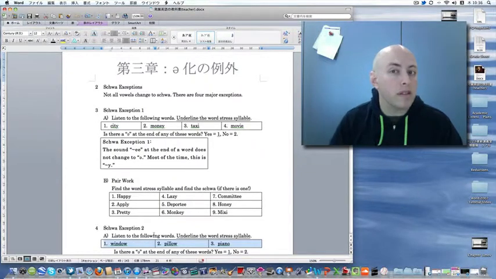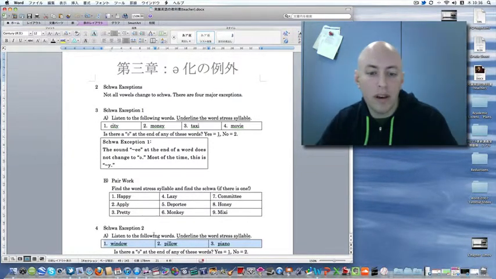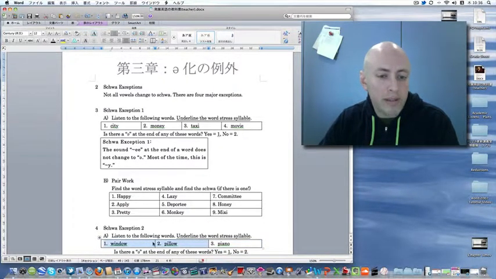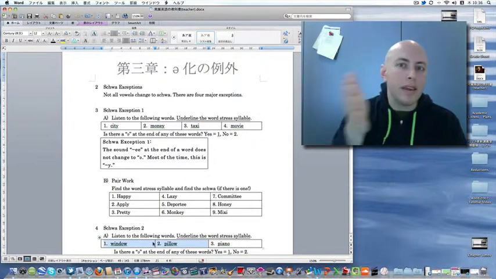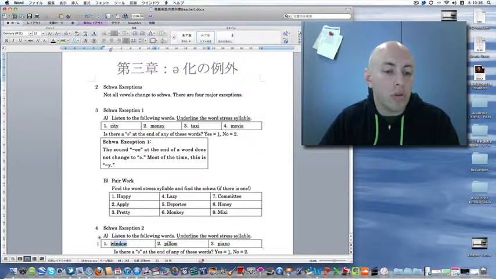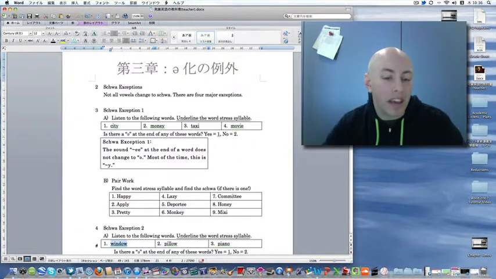The first 2 words have 2 syllables. The third word has 3 syllables. Let's do the first one. It's window. The stress is on the first syllable. And according to the rule I've taught you so far, this should be winda. But it's not. There's no schwa here either.